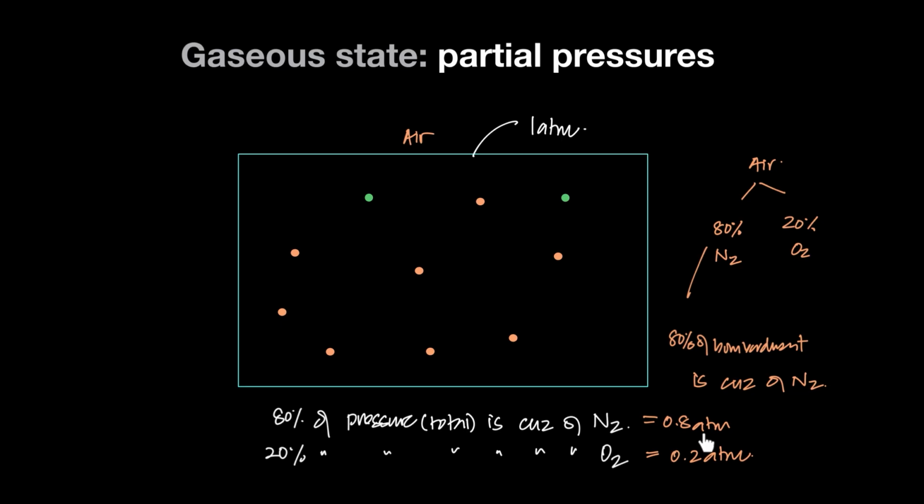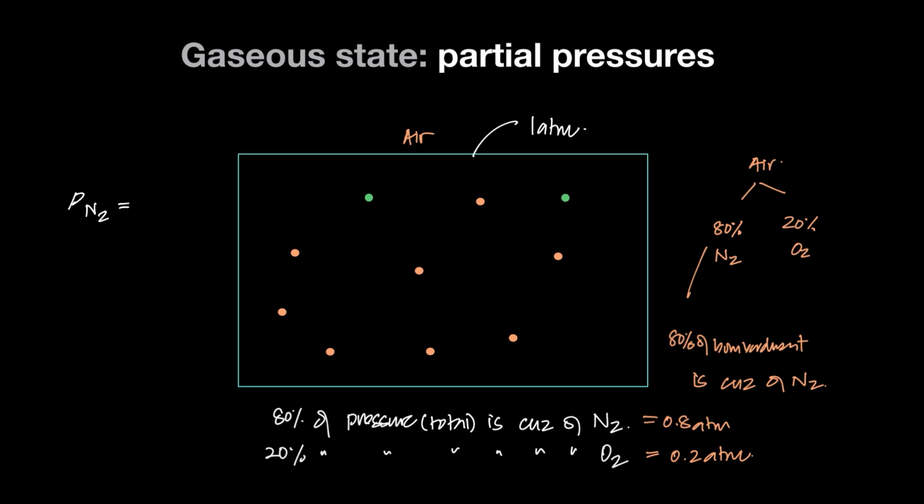Now this actual value of 0.8 atmospheres and 0.2 atmospheres, because atmospheres is another unit of pressure, I'm assuming that we all know this from our earlier physics, what I just calculated for you was the partial pressure of nitrogen in air.